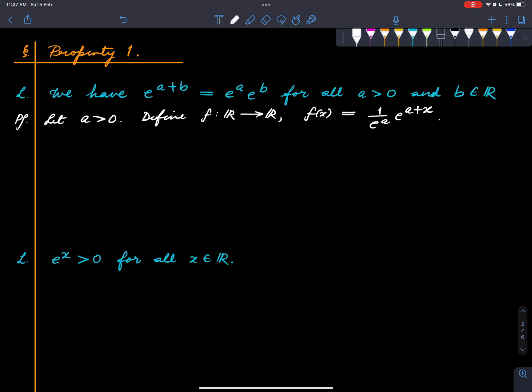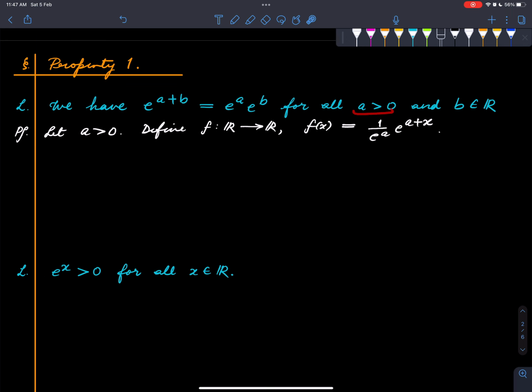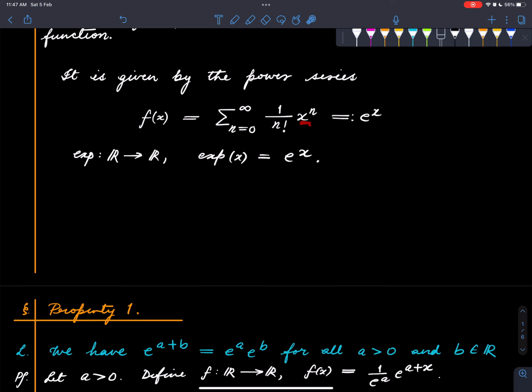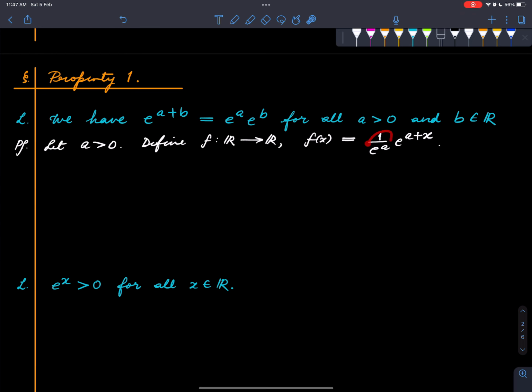So note that this is legitimate because e to the a is non-zero. Since a is positive, if you look at this power series, this thing cannot be 0. Every term here is a non-negative term, in fact a positive term for a positive. So therefore one can consider 1 upon e to the a, and therefore this definition is legitimate.